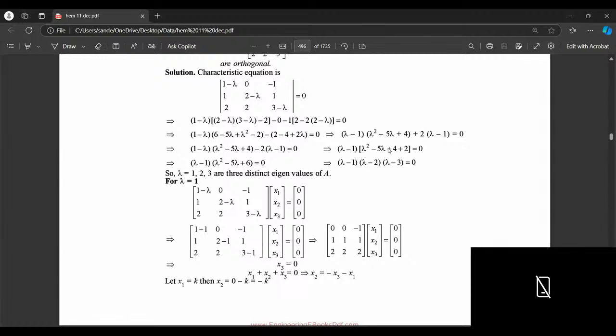And from the first row, 0x1 plus 0x2 minus x3 equal to 0.